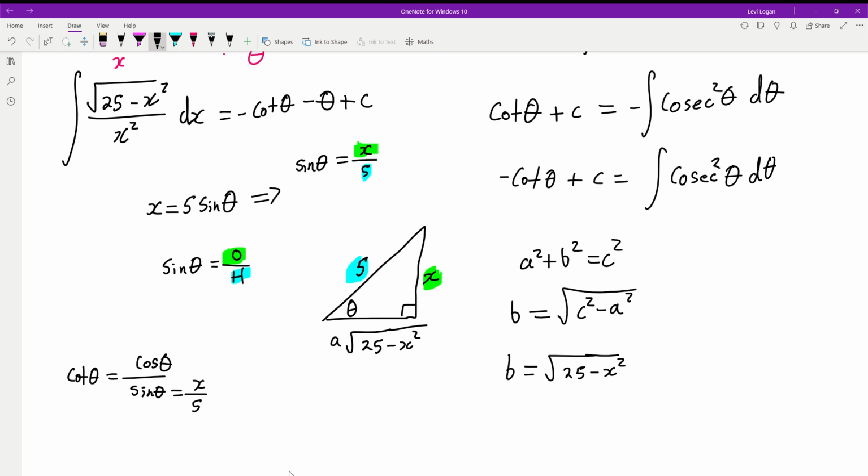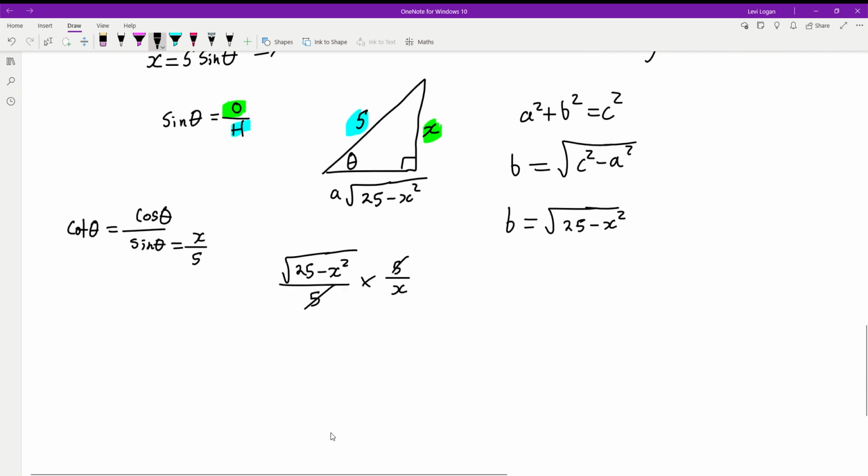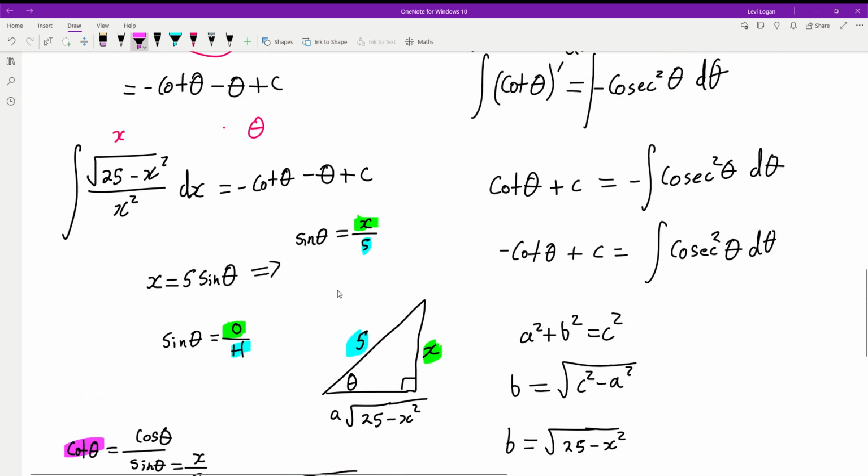So you're going to have square root of 25 minus x squared on 5, that's my cos theta, multiplied by this because you're dividing by it, so you have times by 5 on x, the 5's cancel out, and you get the square root of 25 minus x squared on x. That's my cot theta term in terms of x. Okay, my theta, I can work out theta real quick. All I've got to do is get theta by itself here, so theta is sine inverse of x on 5.